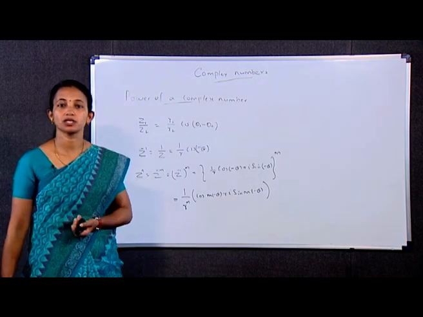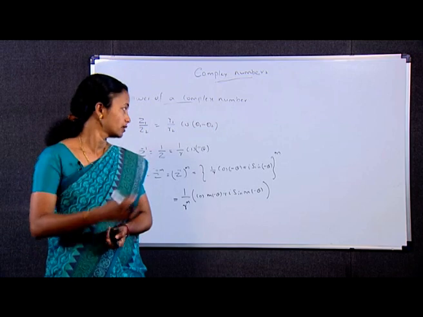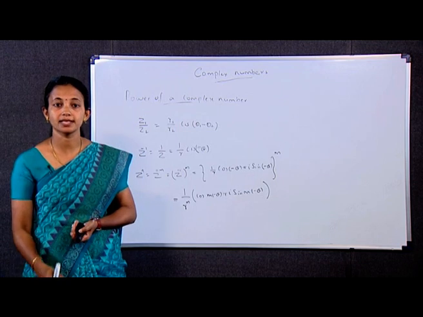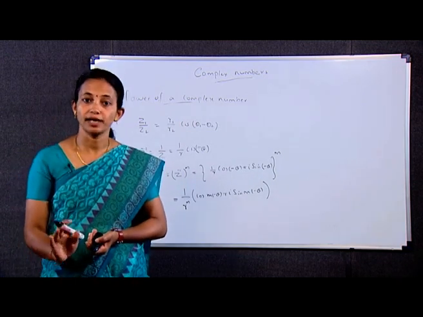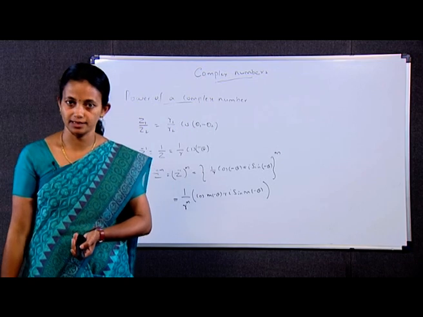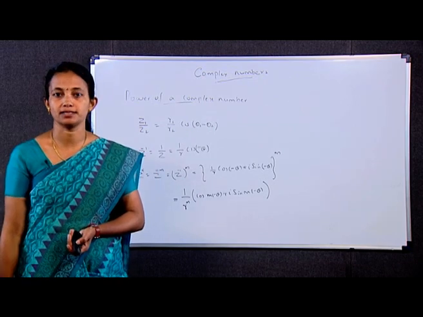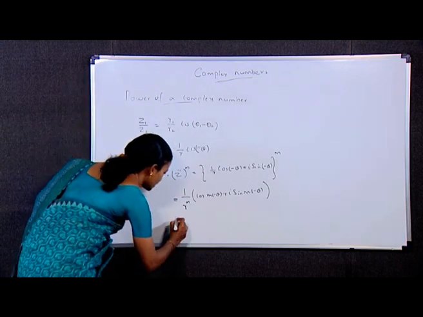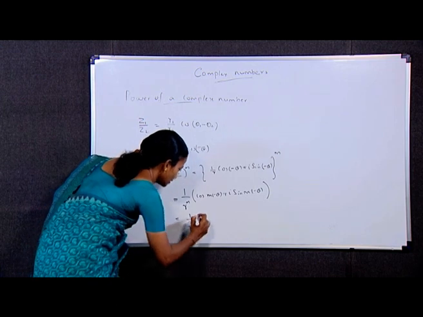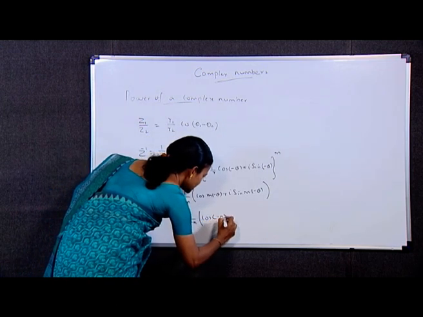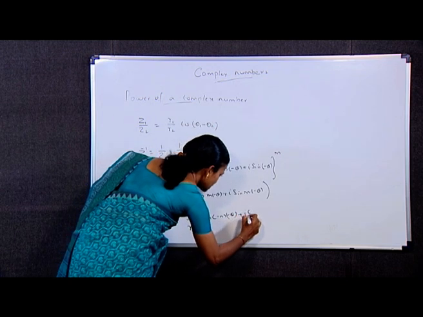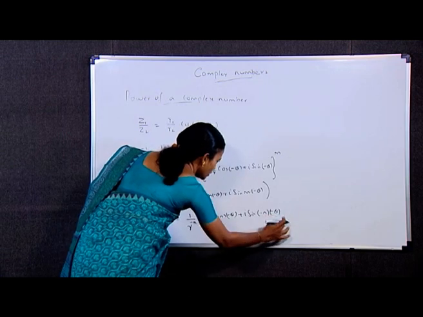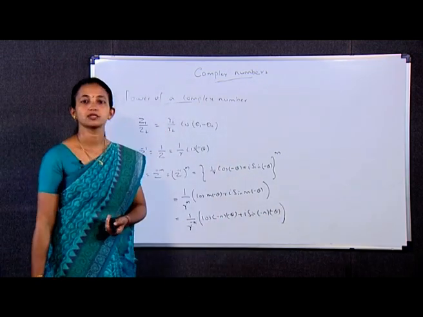Since m is a positive integer, and since the result we discussed, the double star, is valid for positive integers, we can write this as 1 by r raised to minus n, into cos minus n into minus theta plus i sin minus n into minus theta. That is, here we have replaced m by minus n.